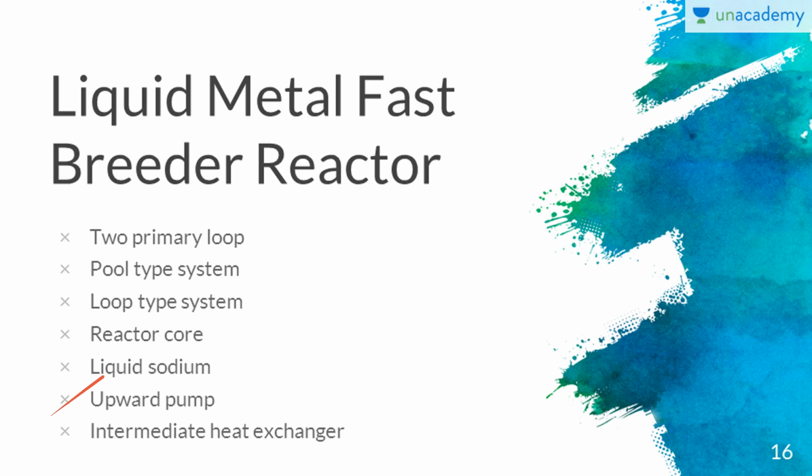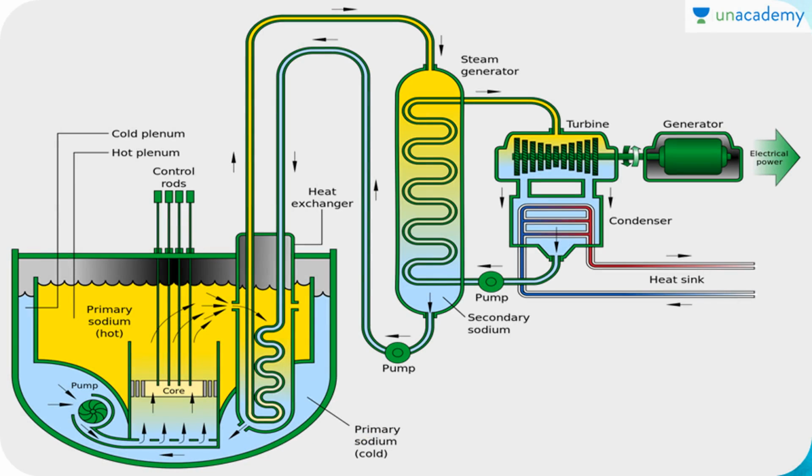It is then pumped upwards to the core and it re-enters the heat exchanger. In the loop system, the intermediate heat exchanger is located outside the reactor vessel. So this is how the breeder reactor will be. You can see the control rods, there are two types of control rods, namely one is placed outside the reactor and another is placed inside the reactor.